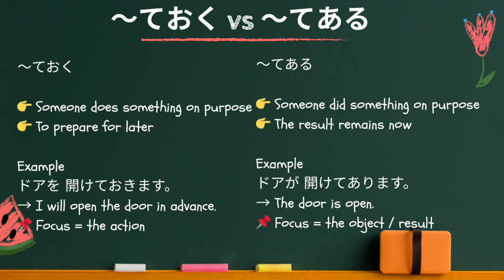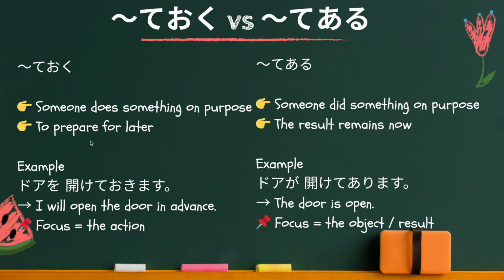In the previous lesson, we talked about the ておく grammar format. So before we move on to today's exercise, let's look at the difference between ておく and てある. ておく, which we talked about in the previous lesson, means that someone does something on purpose to prepare for later.